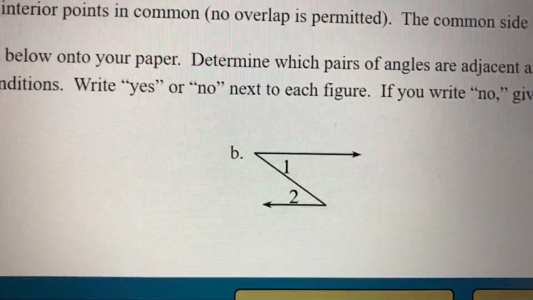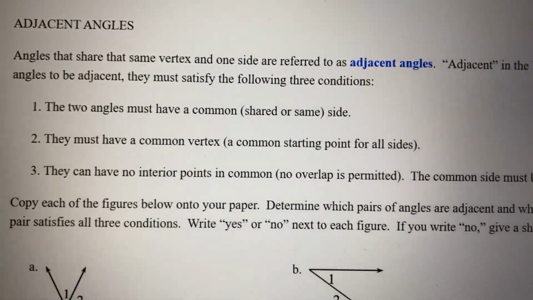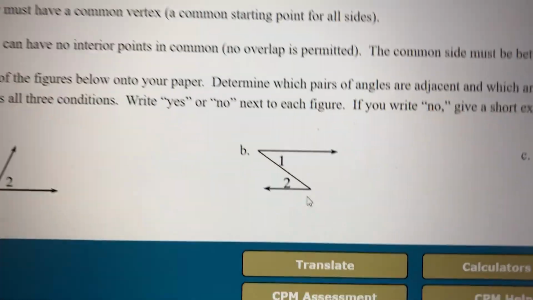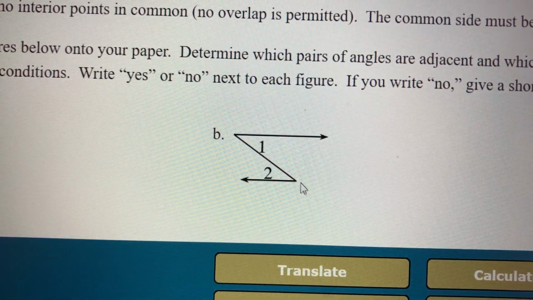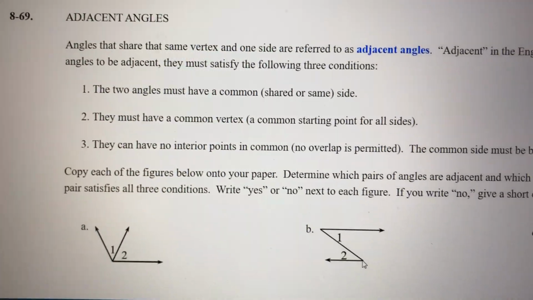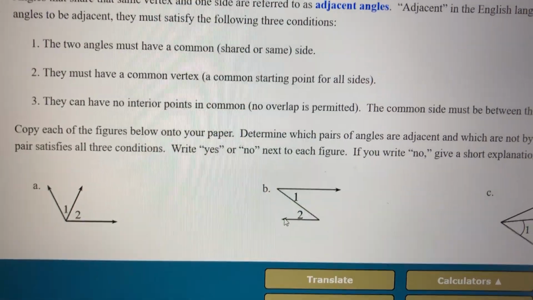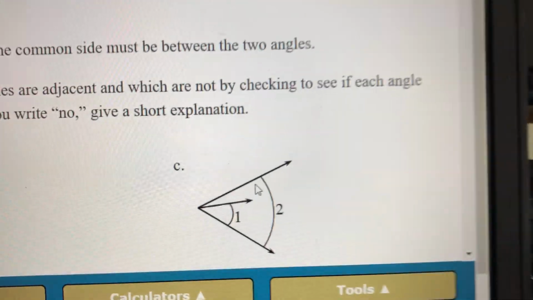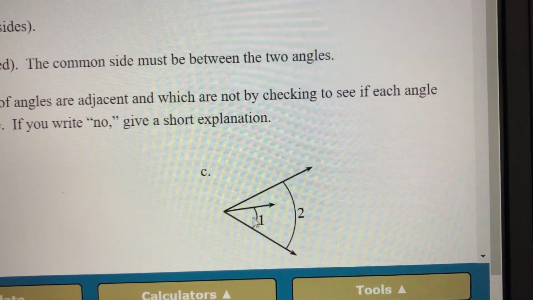Part B, this looks a little wonky. Do they share a common vertex? Well, angle 1's vertex is right here, and angle 2's vertex is right here. So no, they don't share a vertex. So automatically, no, those are not adjacent angles for part B. Let's look at part C. Looks like angle 2 and angle 1.